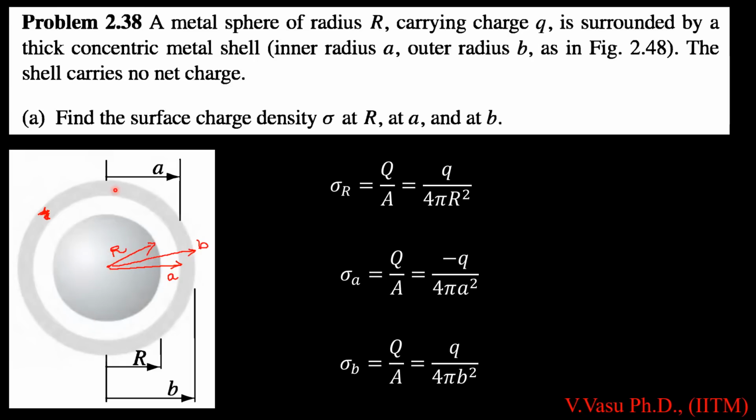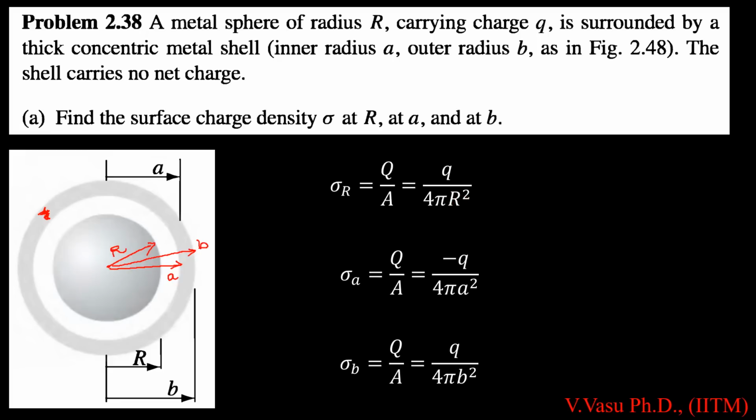Sigma R, that is the surface charge density at surface R, is equal to the total charge q divided by the area. Here this sphere carries the charge q, so naturally the area is 4 pi R squared.